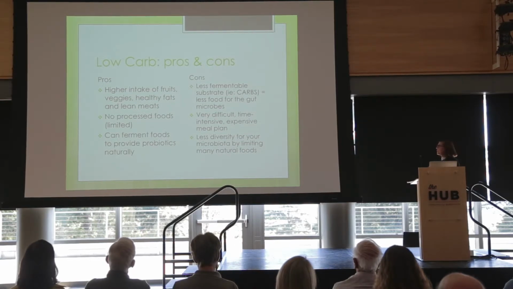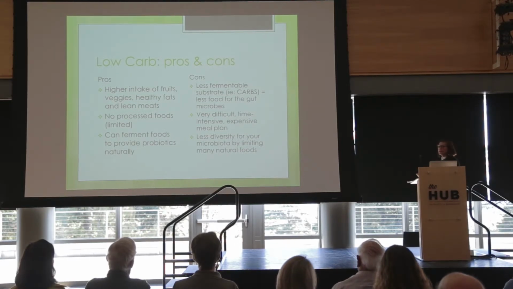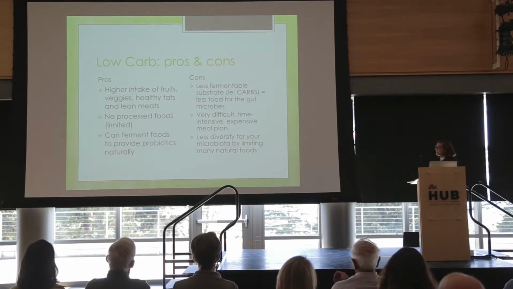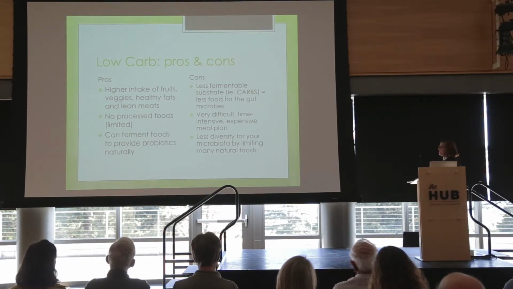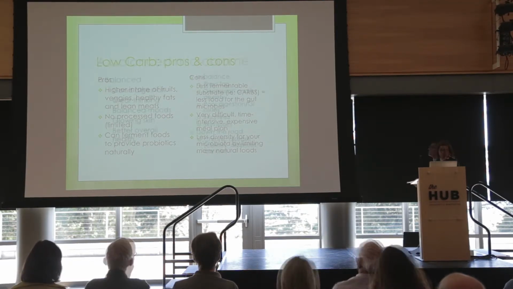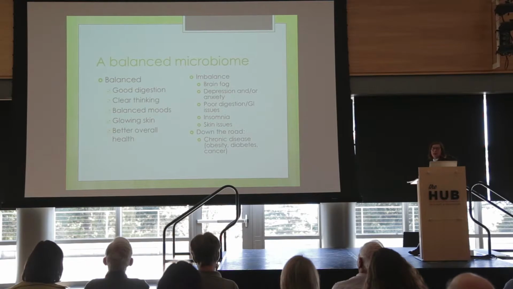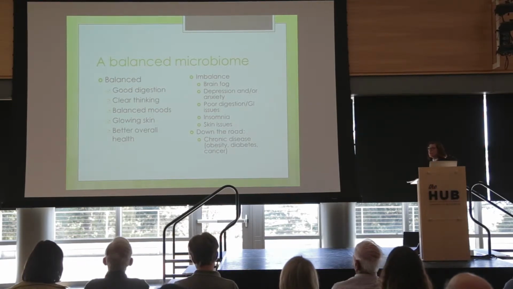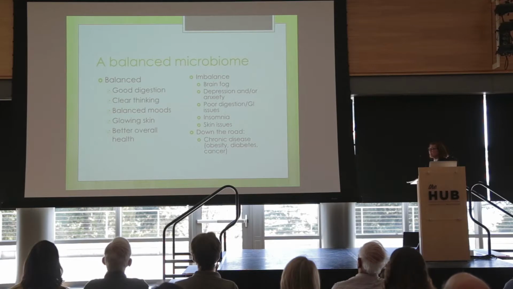And like I mentioned before, these are kind of difficult diets, they're really time intensive. They can also be very expensive, but at the end of the day, there's actually a little less diversity for your microbiome. So what we're looking for with a healthy gut is that balance. We're trying to avoid dysbiosis, which can potentially lead to GI issues, chronic disease down the road, that type of thing.